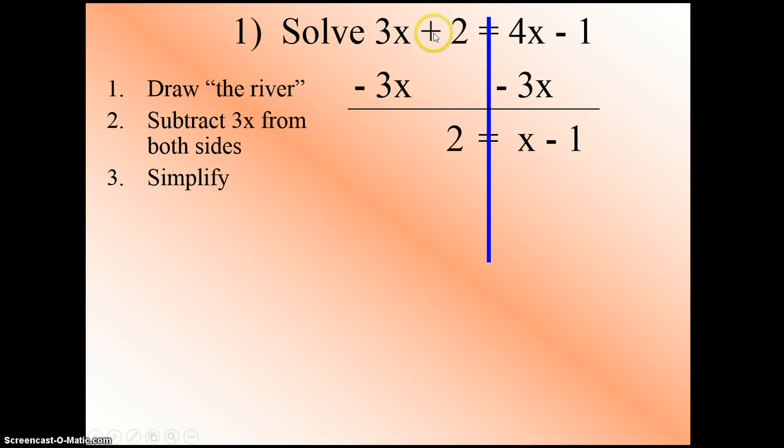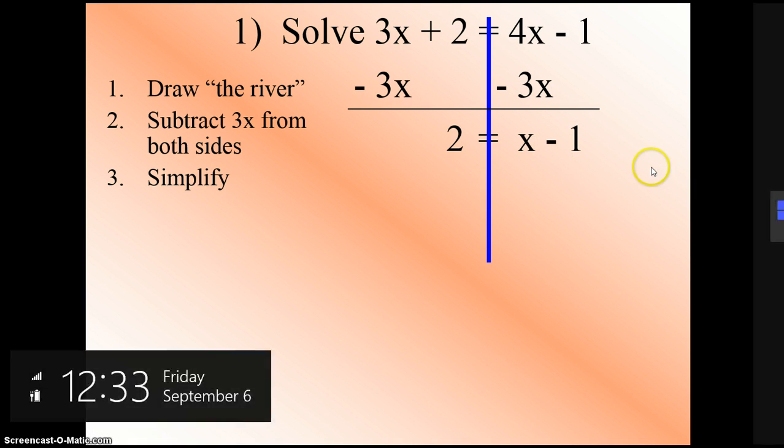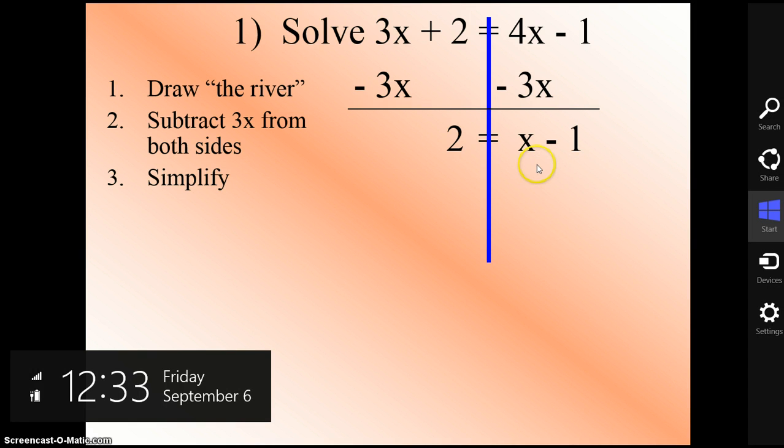Over here, 3x minus 3x is 0, which leaves me with 2 down here. 4x minus 3x is 1x, but we don't have to write the 1. And the negative 1 just comes down because we didn't do anything to it. Now you should be looking at a very simple one-step equation. The only number that keeps my x from being by itself is the negative 1.